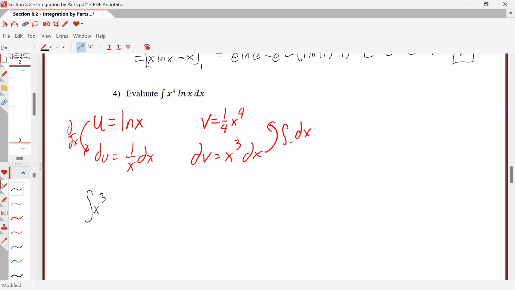Put that into our formula of u times v, 1/4 x to the 4th natural log of x, minus the integral of v du, 1/4 x to the fourth times 1 over x dx.